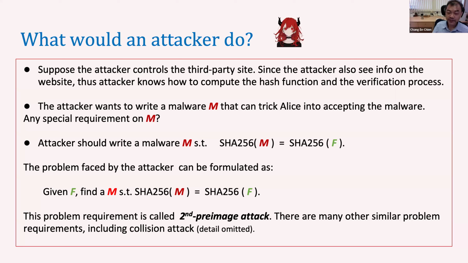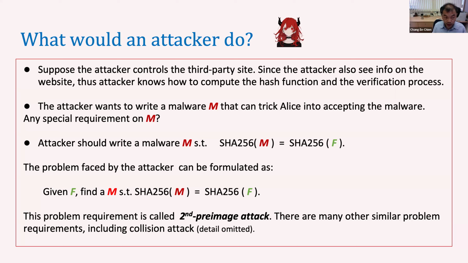There are many other similar problems for the attacker, including something called collision attacks. I will omit the details. Collision attacks are believed to be much easier to solve compared to second pre-image attacks.